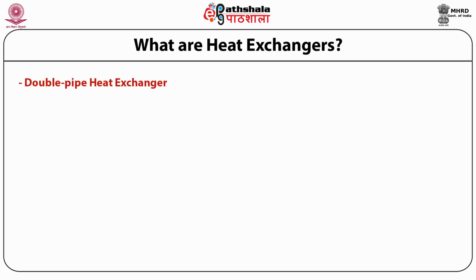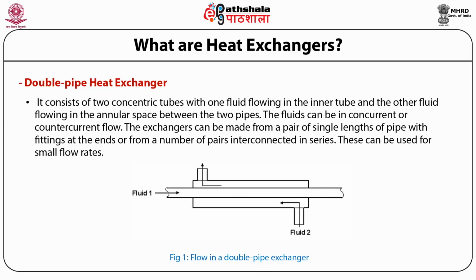Next one is the double pipe heat exchanger. A double pipe heat exchanger consists of two concentric tubes with one fluid flowing in the inner tube and the other fluid flowing in the annular space between the two pipes.